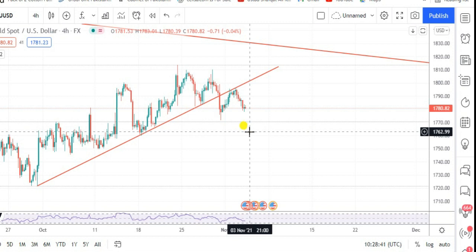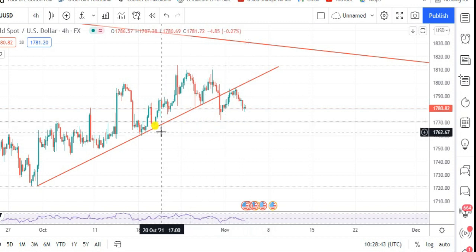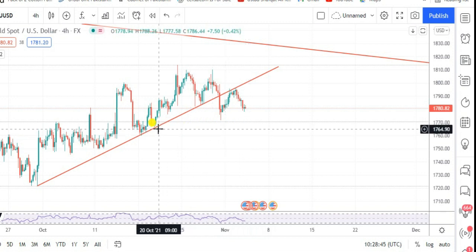So this is the area, approximately 1760. 1760 would be the range for the sellers' target.